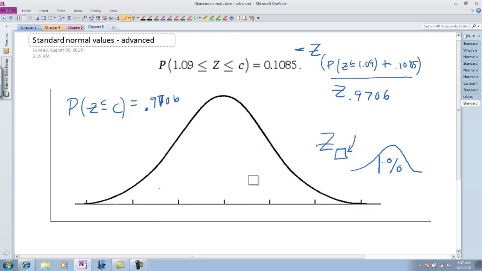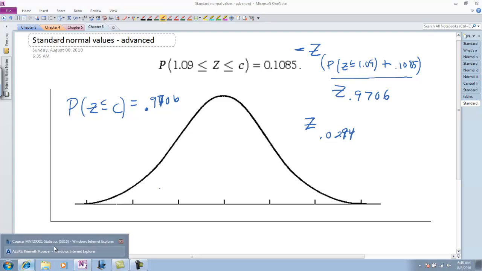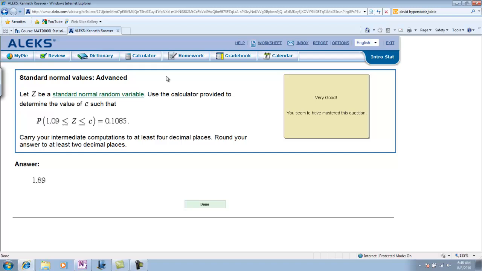So my other option, if I didn't want to use this exact thing and then switch the sign, is I could have done Z of 1 minus 0.9706, which is 0.0294, and it would have given me the same answer. Let me just look real quick if I can still hit calculator. No, it won't let me, but that's what I could have done.